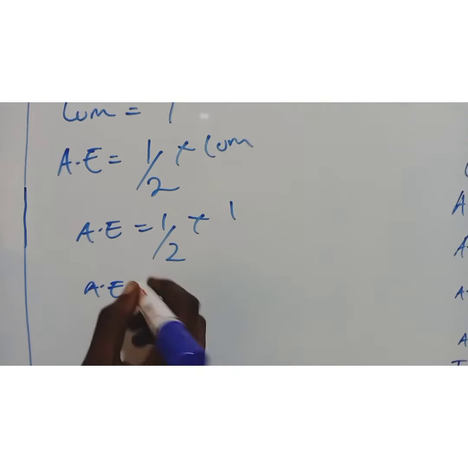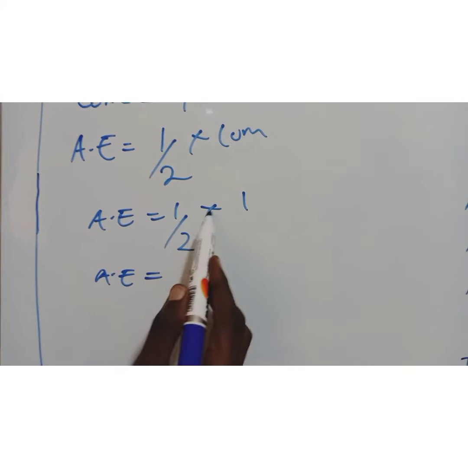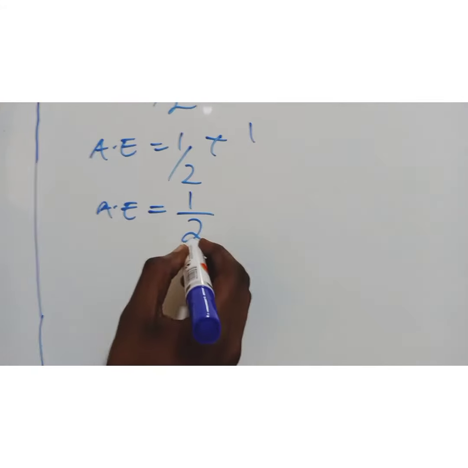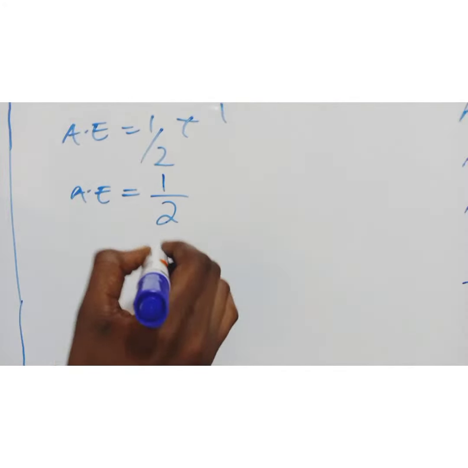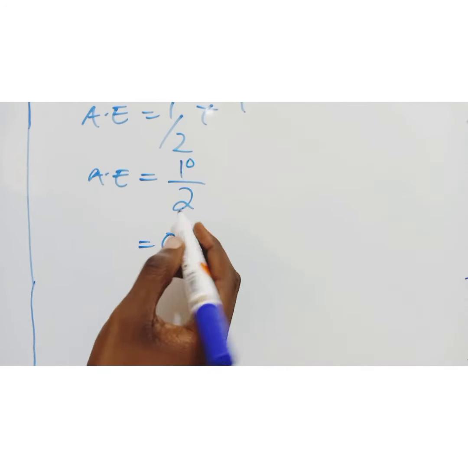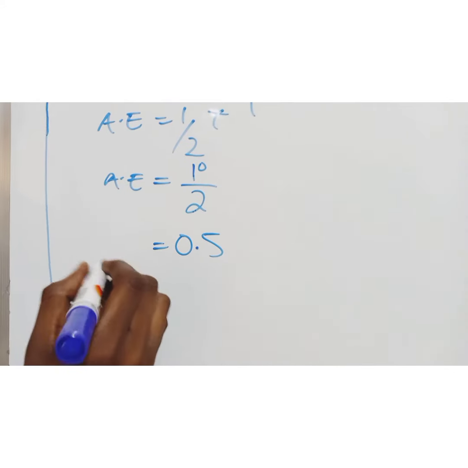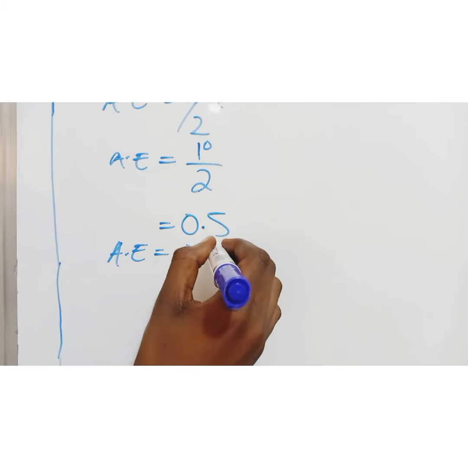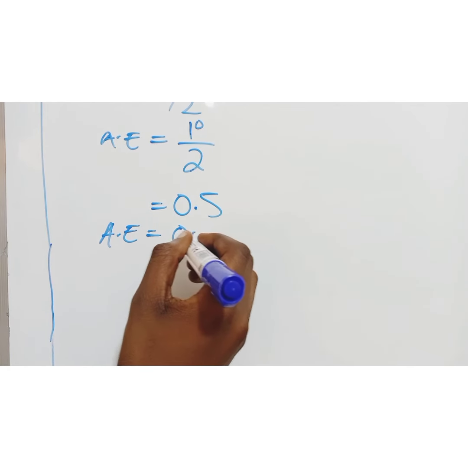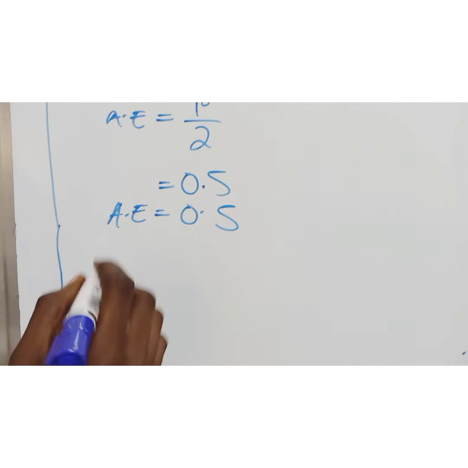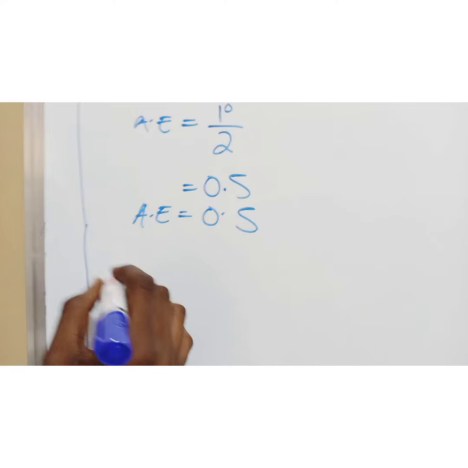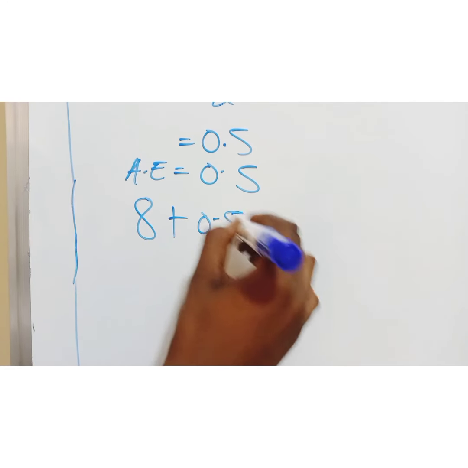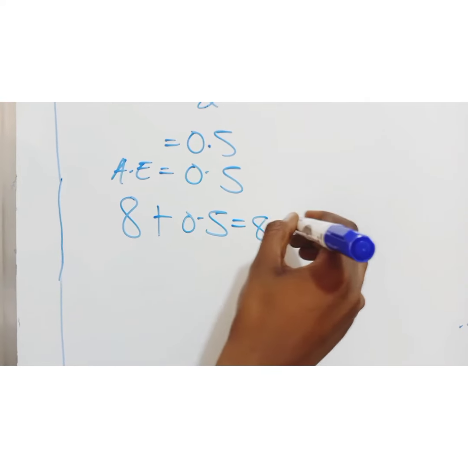You know, in paper 1 you have to show your working. So 1 times 1 is 1 over 2. 2 into 1, 0. Point. You add your 0 here. 2 into 10, 5. So that's your absolute error, 0.5. Once you find this, you add it to your true measure, which is 8 plus 0.5, giving us 8.5.